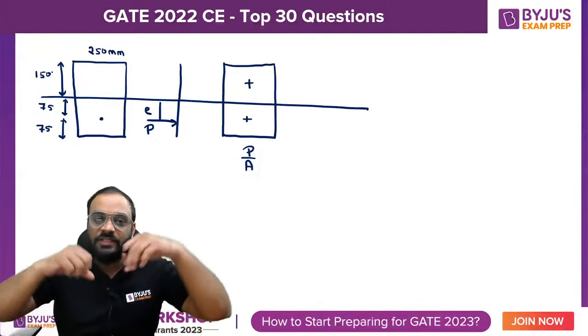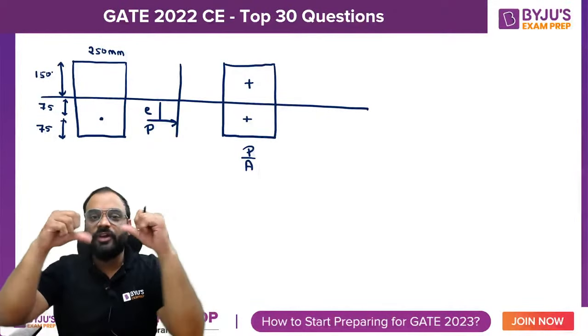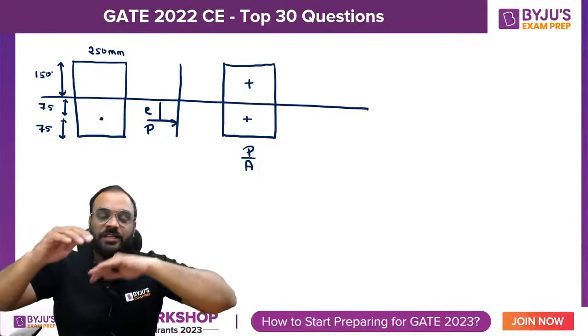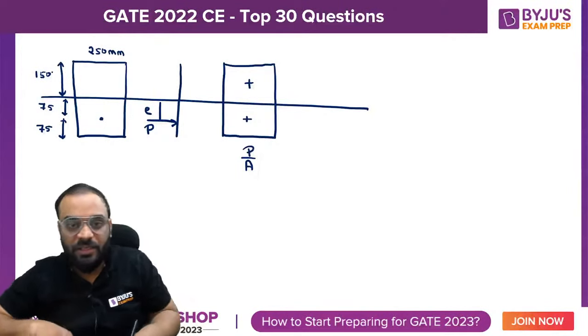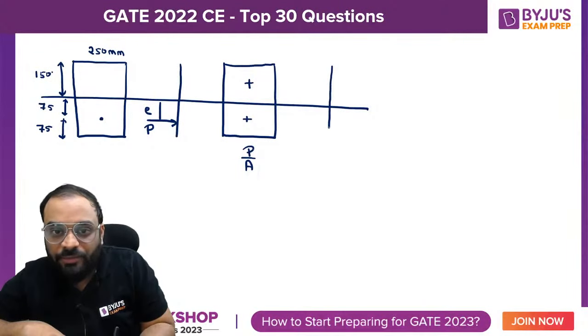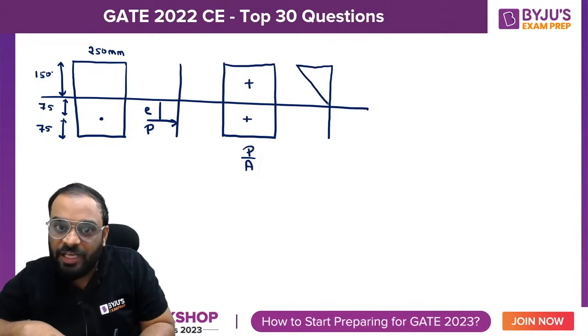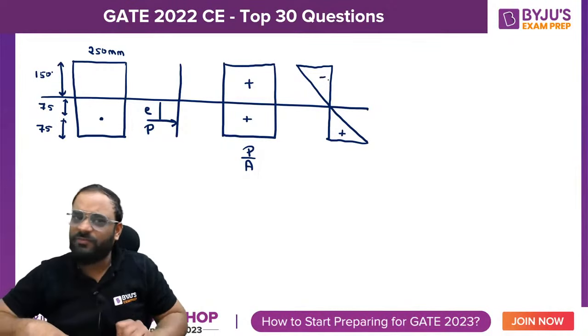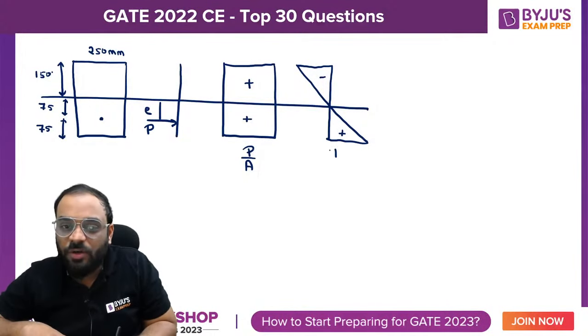And due to which, guys, you need to understand at the top fiber the tension is occurring, and at the bottom fiber the compression is occurring. So at the top fiber, you may find the tension. If it is tension, then it is negative. And if it is compression, then it is positive. So this one is positive, this one is negative, correct? So this value is equal to how much? It should be PE into Y by I, correct?